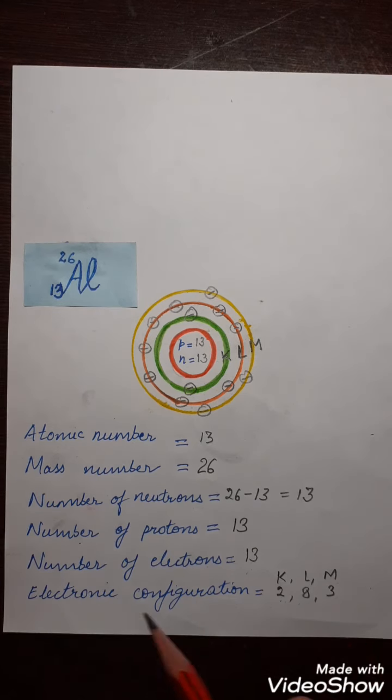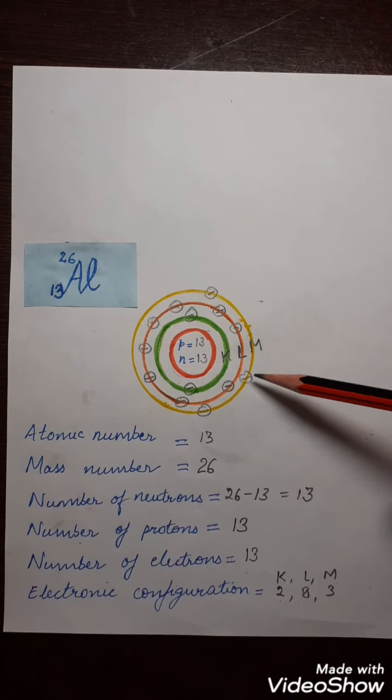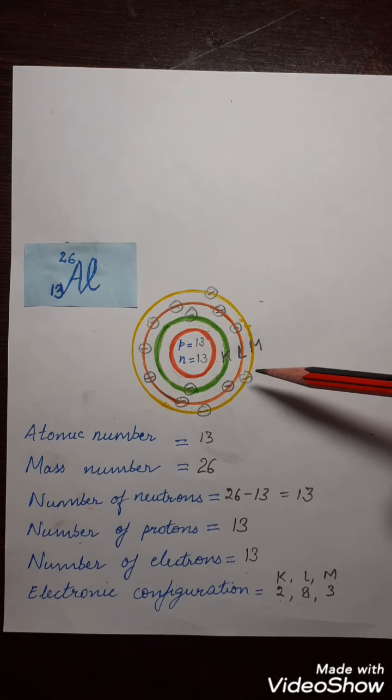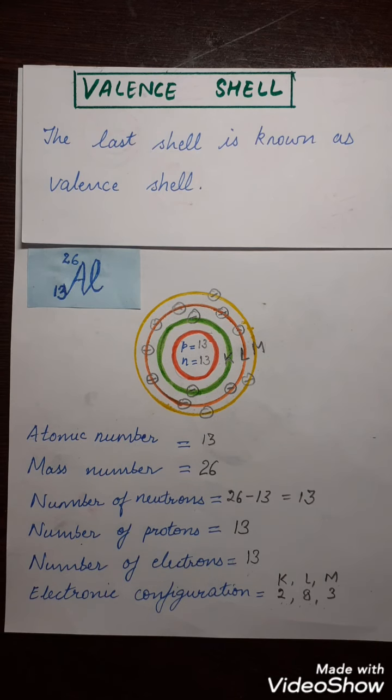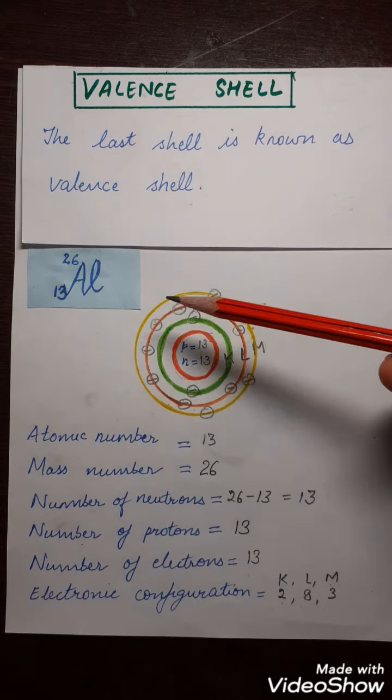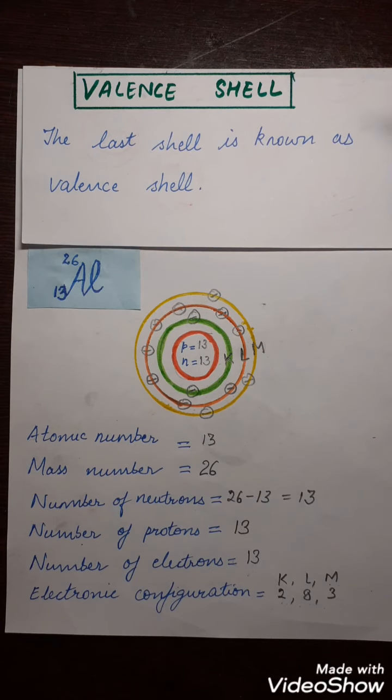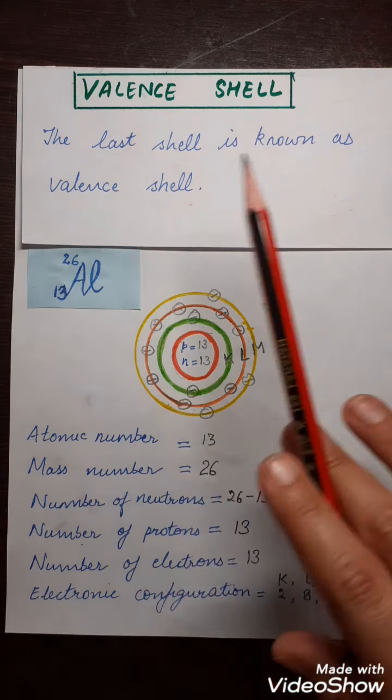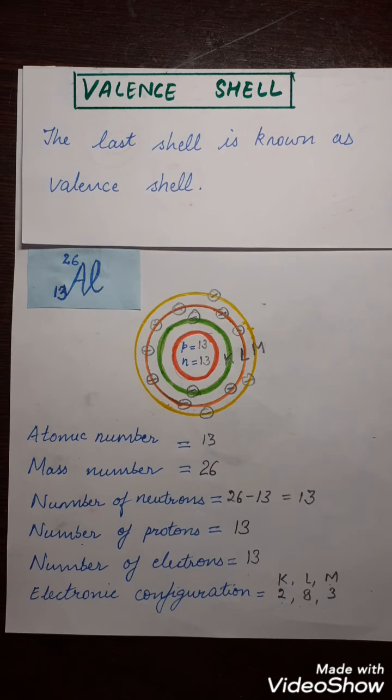So, in aluminium, which is the valence shell? M shell, or the third shell, is the valence shell. As we can see in aluminium, the last 3 electrons have gone to the last shell, which is the M shell. So, the M shell becomes its valence shell. So, we can define the valence shell as the last shell of the atom.